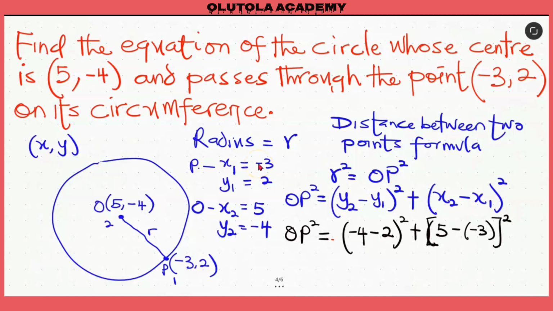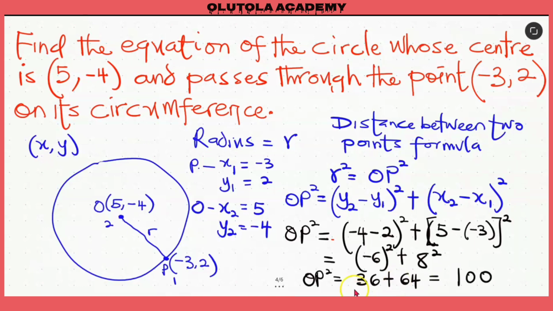So this definitely will give me (-6) squared plus (5 + 3), that's 8 squared. So OP square will be 36 plus 64. -6 squared is 36, and 8 squared is 64. So OP square is 100.